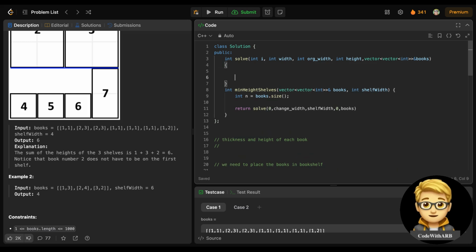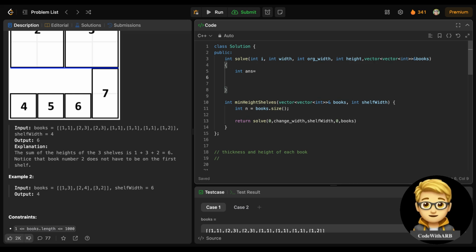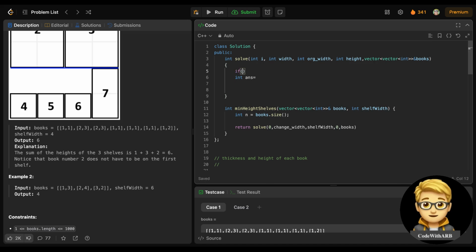Now, what are the two conditions? Either you include the current book in the current shelf, or in the next shelf, that is the next row, right? When you place the book in the current shelf, the condition would be if the current width, which is this width, is greater than the book's width.